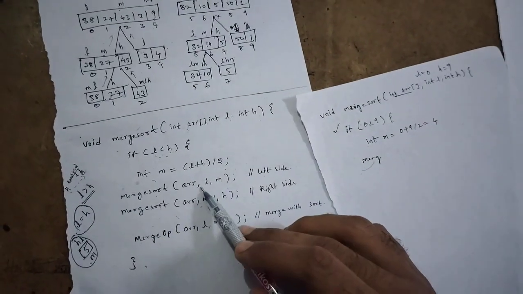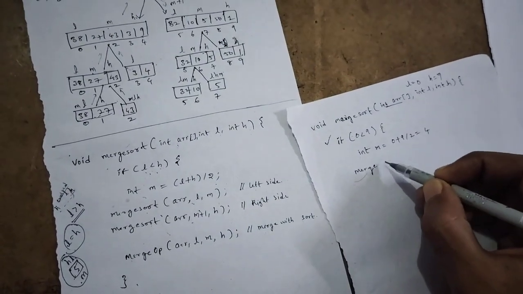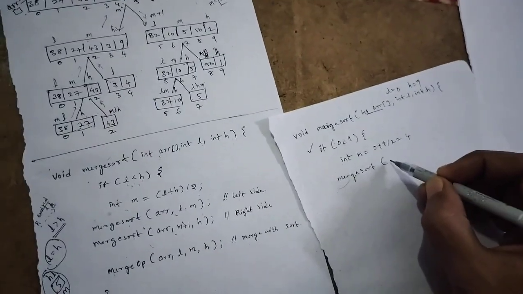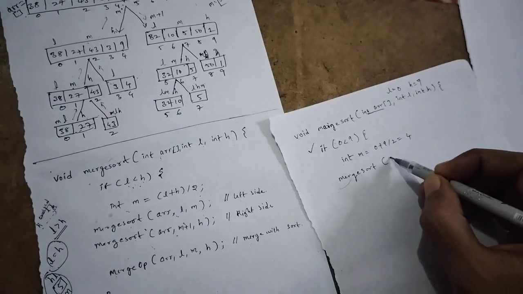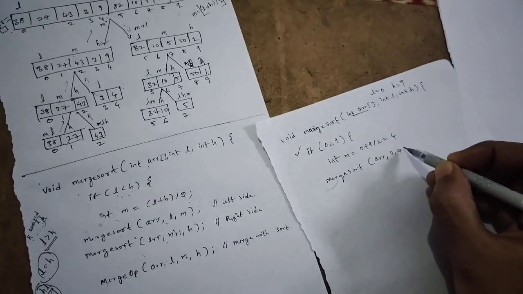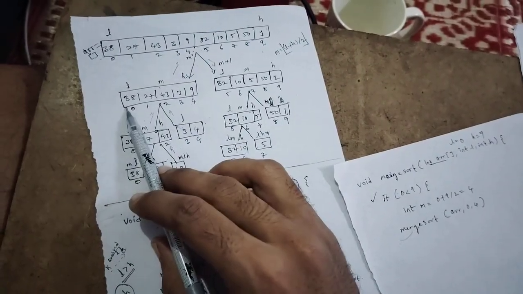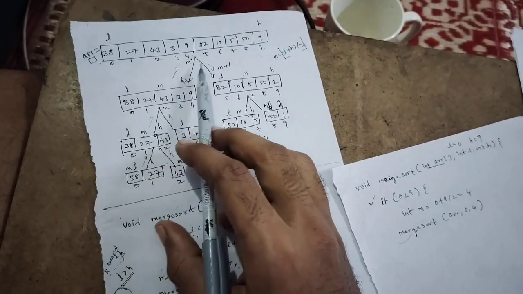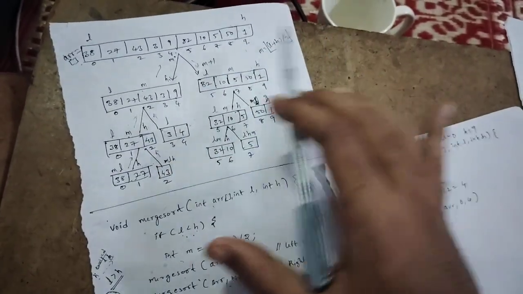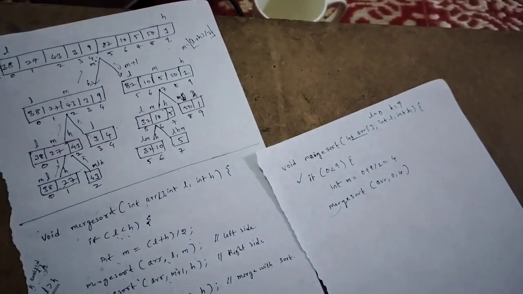Then it calls this function, merge sort array 0 to 4, which is nothing but this. We have already split this, we don't want to split it again like this. I will explain.